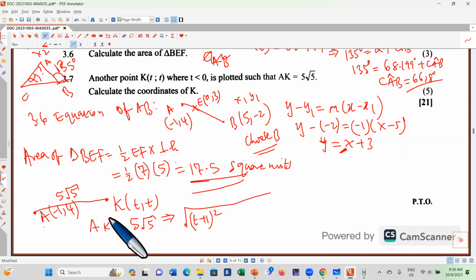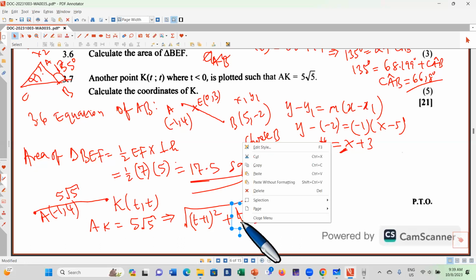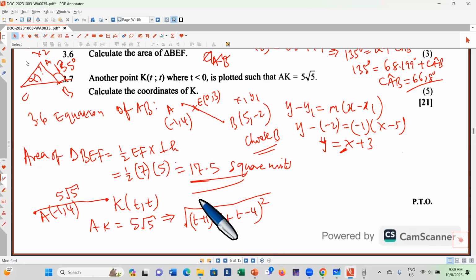We're dealing with this one minus this one: t minus 4, and you square everything here. This is 5 square root of 5.